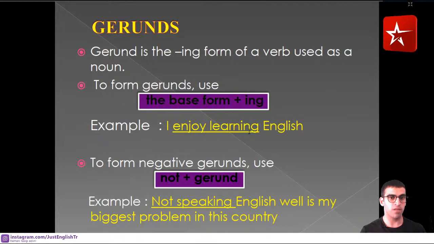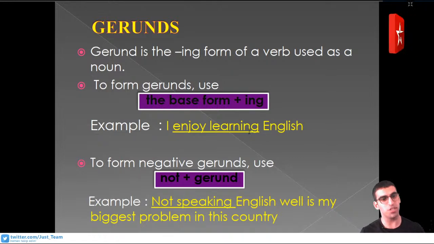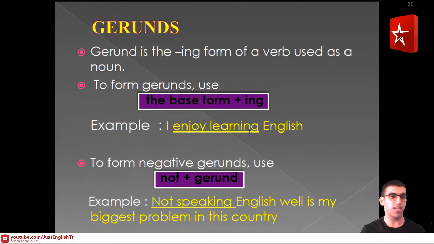So, for example, not speaking English well is my biggest problem in this country. Or not speaking Turkish very well is my biggest problem in Turkey, right? So not speaking is a negative form of gerund. As you see, we added not before the gerund, before speaking, and we made a negative form of gerund here in this sentence.